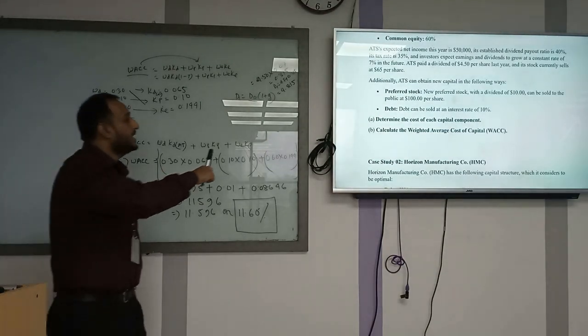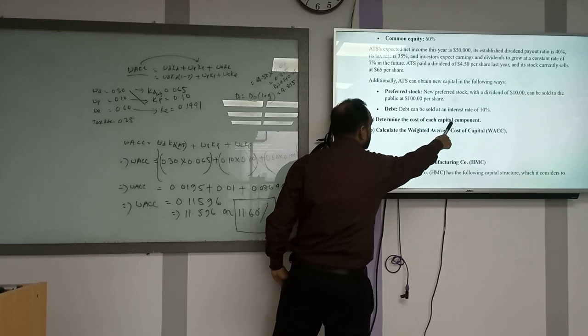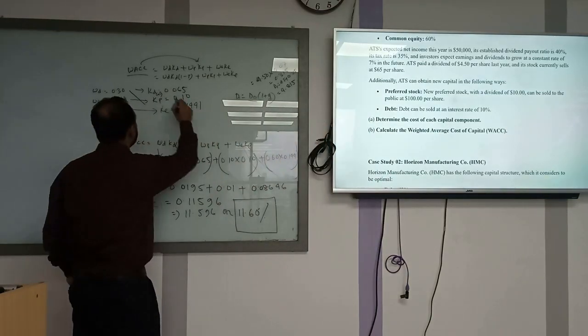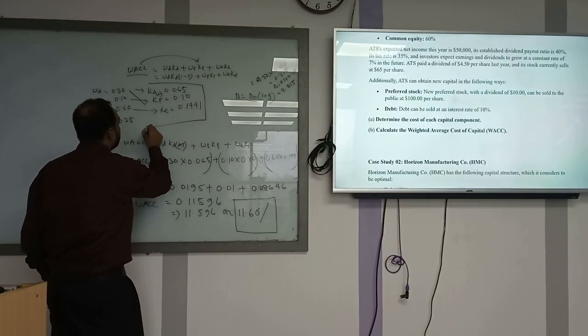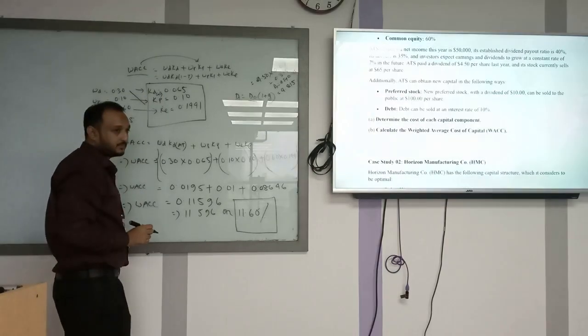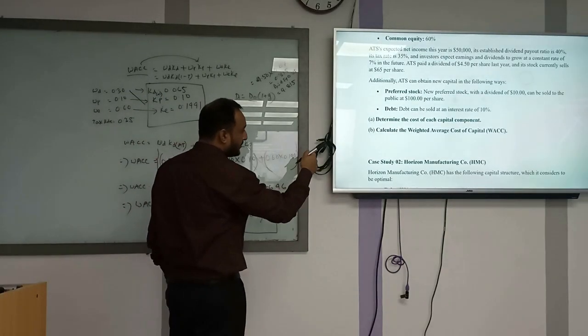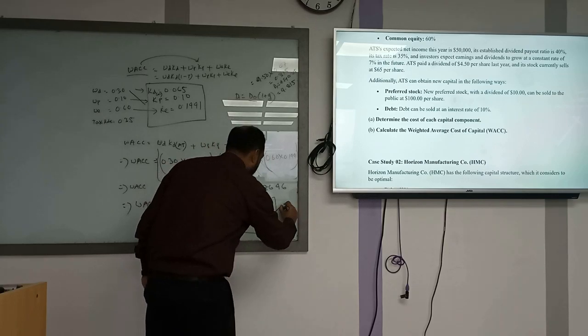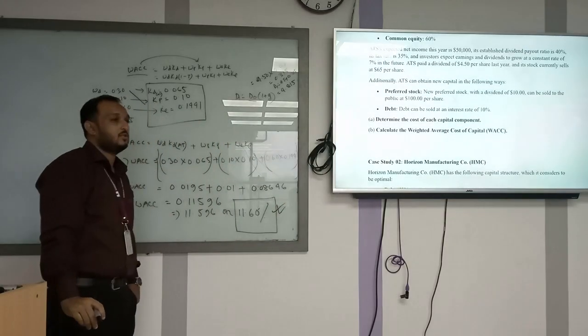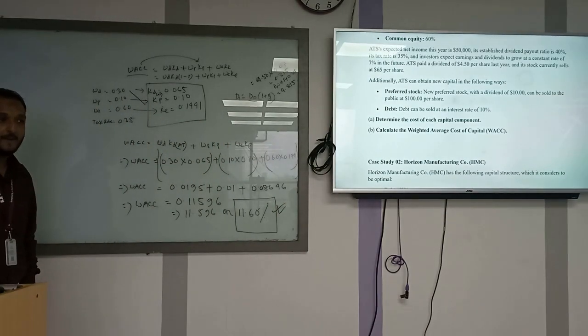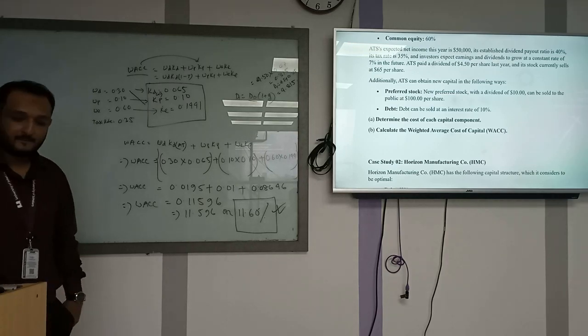So what did it say? Determine the cost of each capital component. So these are the costs of each capital component, and then calculate the weighted average cost of capital. So this is the weighted average cost of capital. Now, this is very easy.